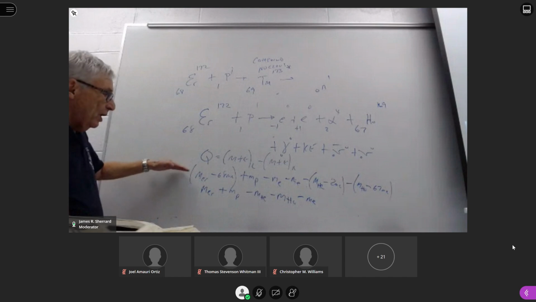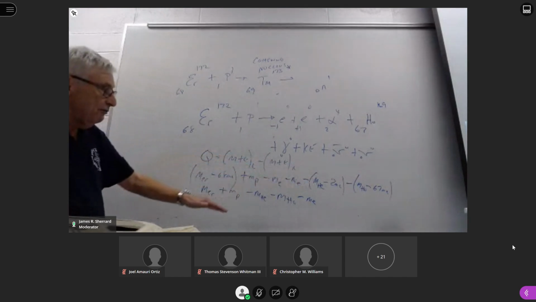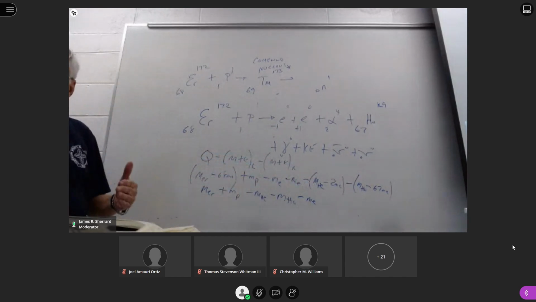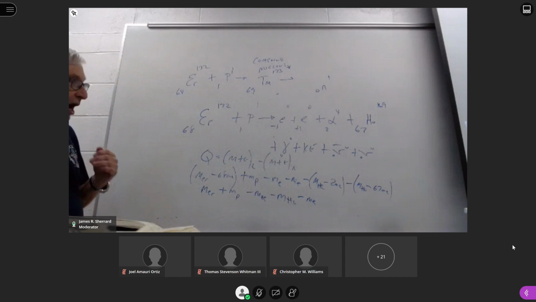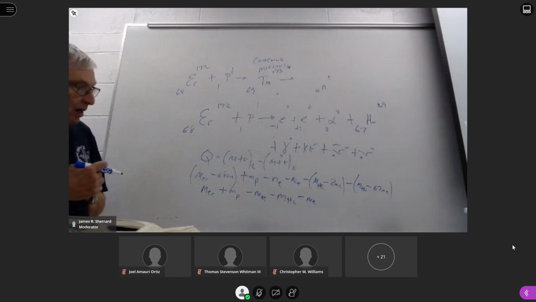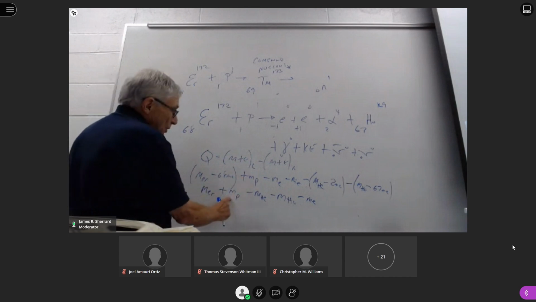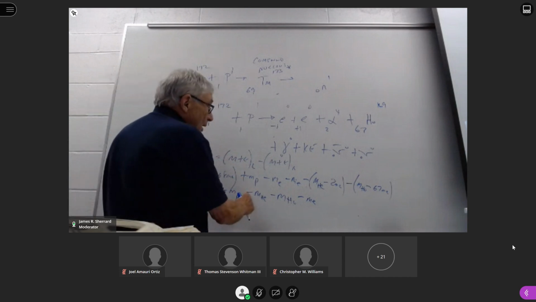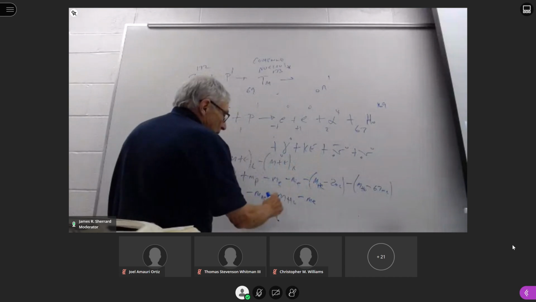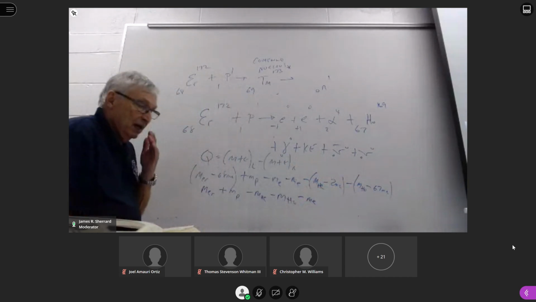So when I wrote out my Q equation in full, I then go back and collect like terms, and I always do everything except the electrons first. So I have mass of my Er plus the mass of the proton minus the mass of the helium minus the mass of the holmium.